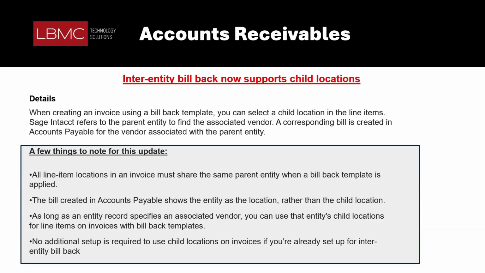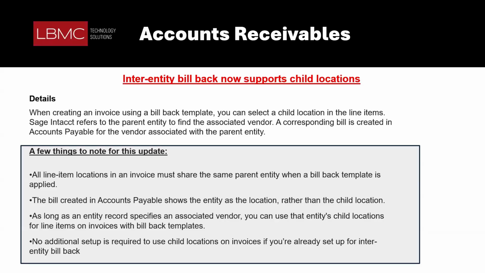Do know that on this update, there's a few things that need to be included in the view: all line items locations in the invoice must share the same parent entity when the billback template is applied. Do know that any bills that are created in accounts payable show the entity as a location rather than the child.